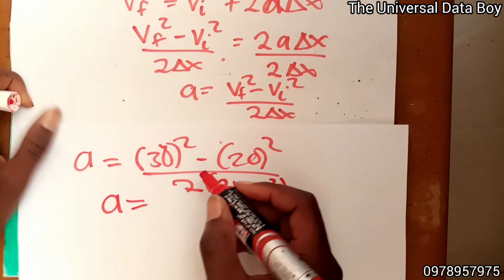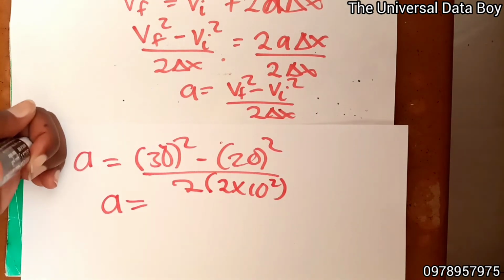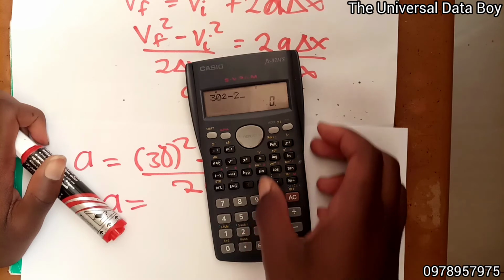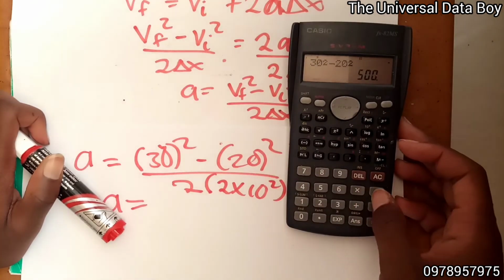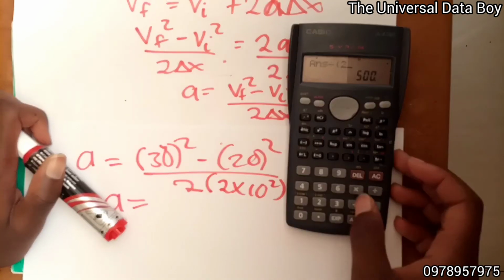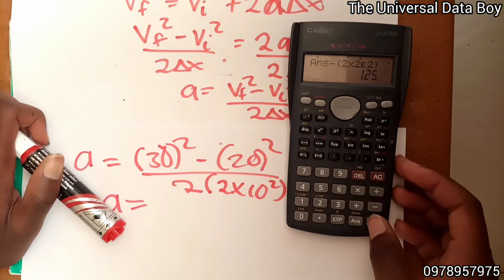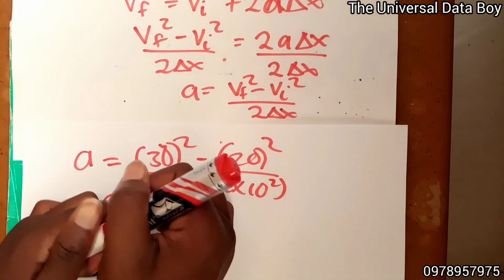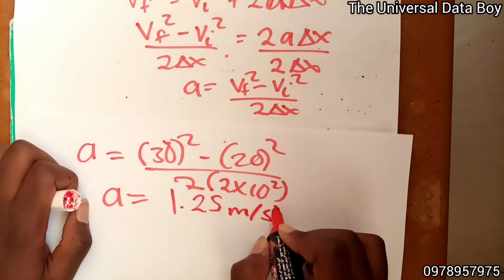This will give us 1.25 meters per second squared.